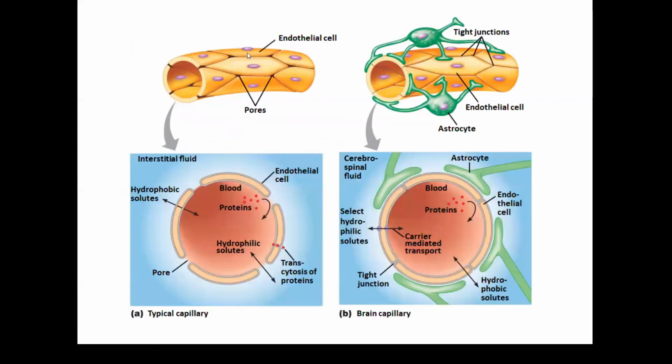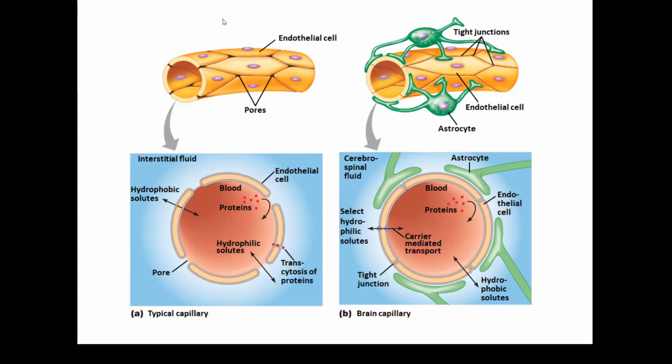Okay. So here we see a normal capillary. So here's what I mean. Our endothelial cells here in the wall of the capillary. That's just what the wall of a capillary looks like. These yellow parts, the cells. And we can see that the tight junctions would be like here, but sometimes in these corners, we're going to have pores in our capillaries.